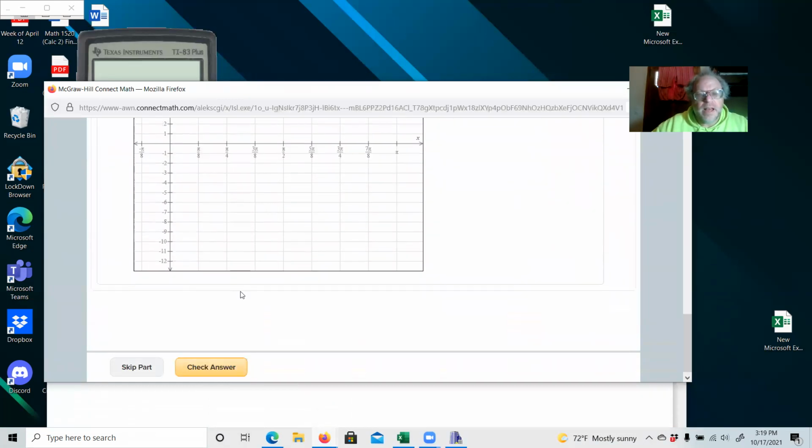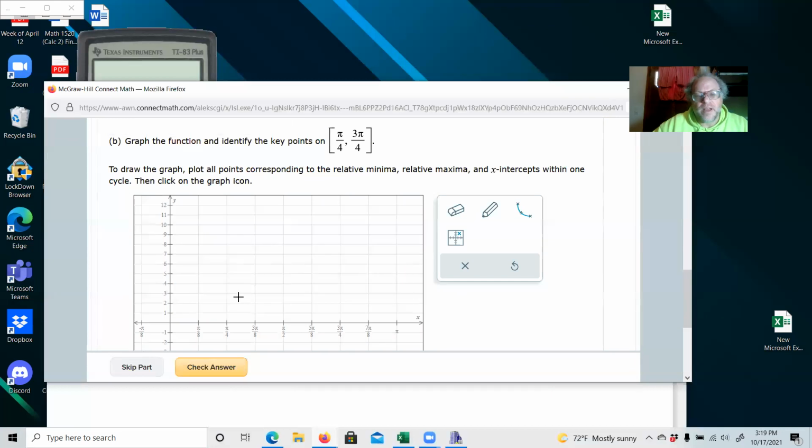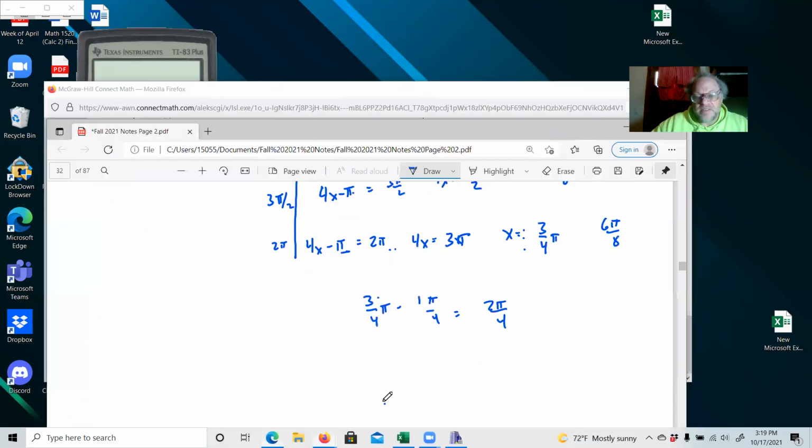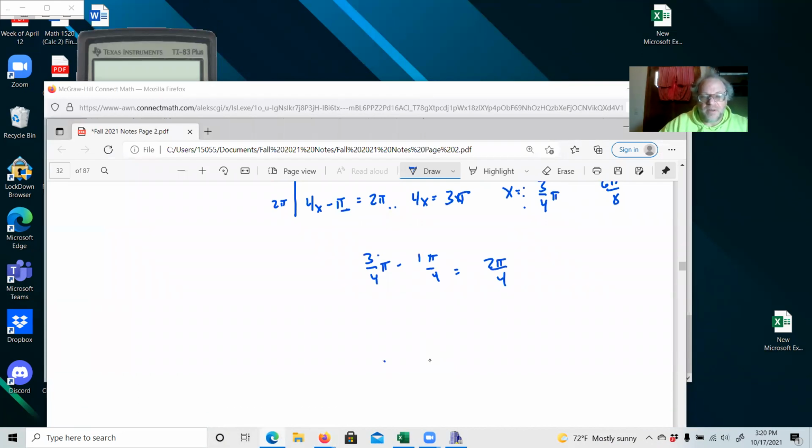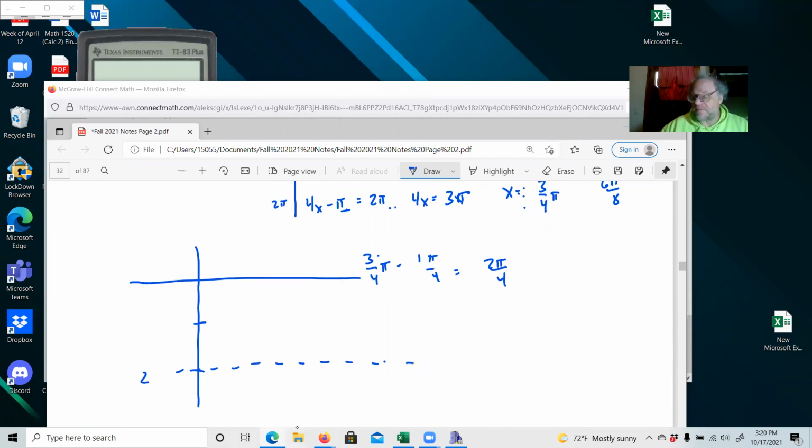All right. And now we have to deal with this. The first thing I really want to do, when I go to graph this thing, because I don't want to think too hard about it, is go down 1, 2. And that's going to be my new baseline that I'm going to go above and below. We're going to go from pi over 4 to 3 pi over 4.